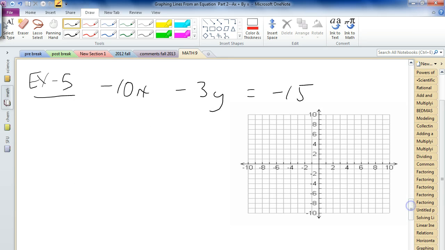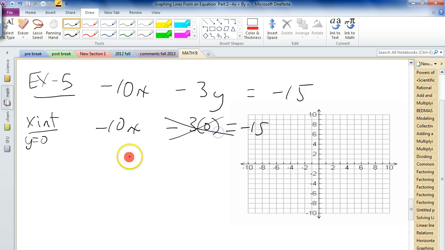Okay, last one. How about this? Look at all the negative signs. It's crazy. Okay. Let's do x-intercept first. If you want to do the y-intercept, go right ahead. I don't really care. What do you do first? X-intercept is where y is equal to 0, so y is going to be 0. Negative 10x minus 3, and that's 0 equals negative 15.